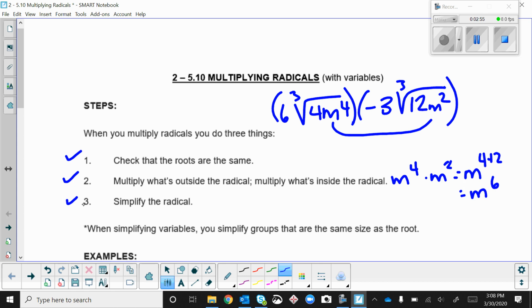And when simplifying variables in the radicals, you simplify groups of variables that are the same size as the root.